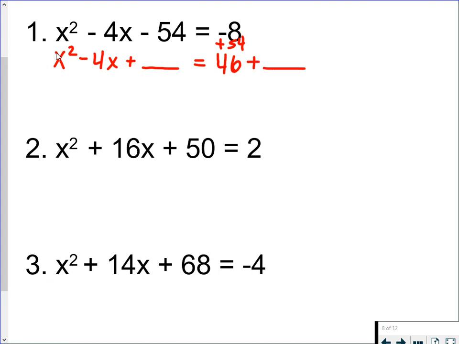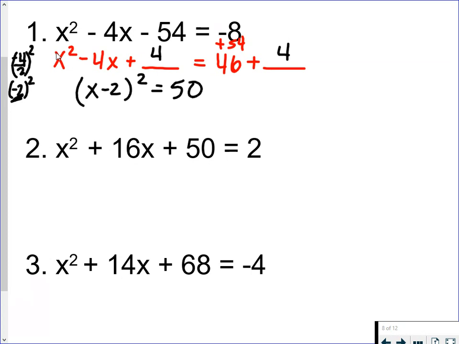Okay, so what goes in my blanks? I take my B value, divide it by 2, and square it. Get 4. So then two numbers that multiply to get 4, but add to get negative 4. Negative 2, negative 2. And I get 50 over here.